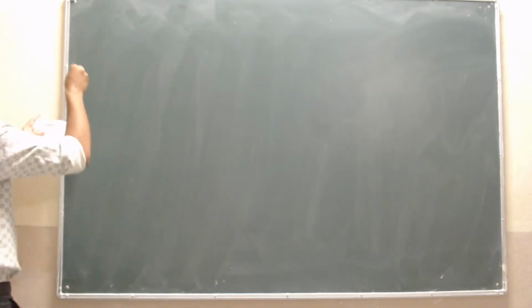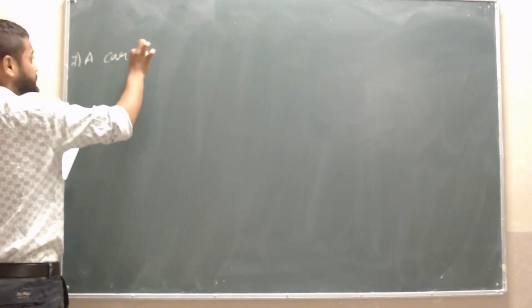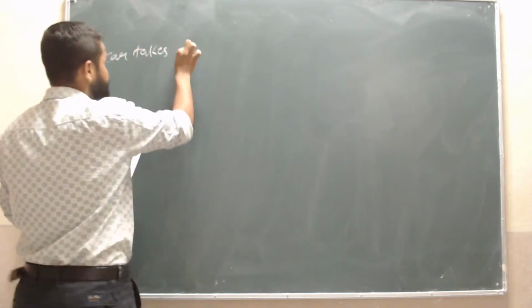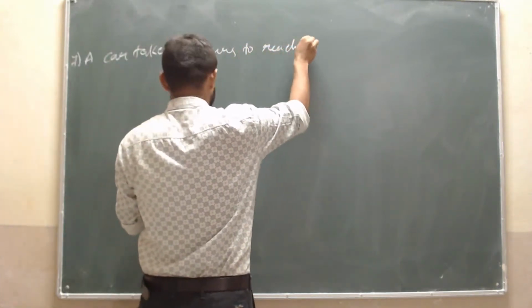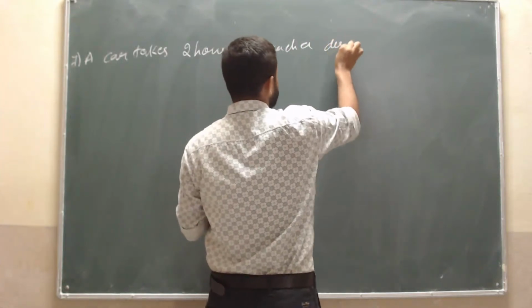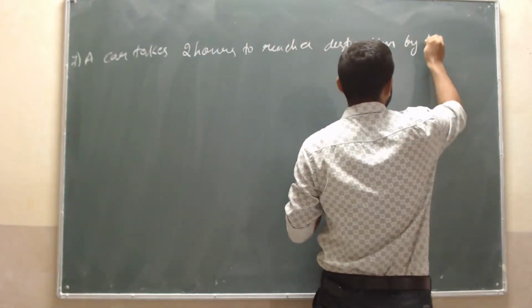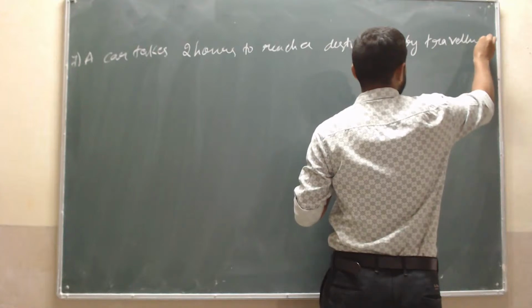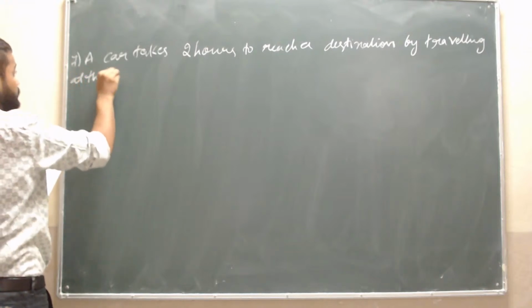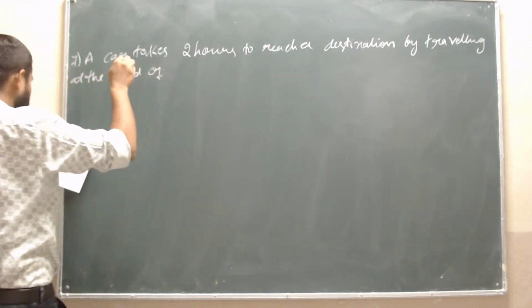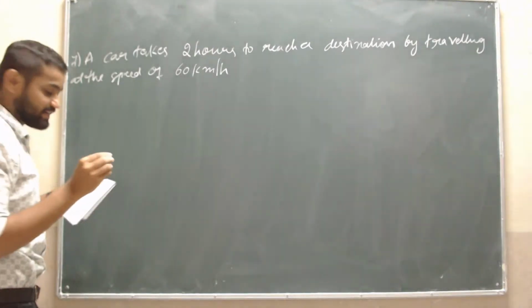See here, a car takes 2 hours to reach a destination by traveling at the speed of 60 km per hour.